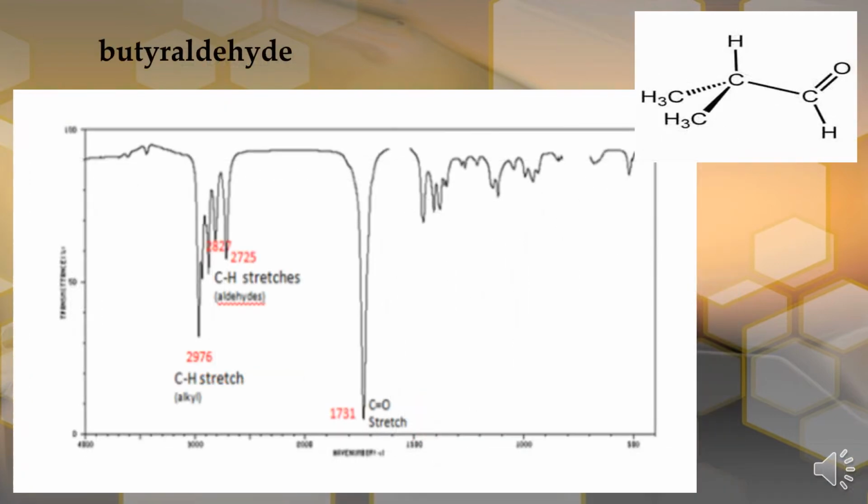One more example is going to be what we have here. That's going to be butyraldehyde. And of course, that's an aldehyde structure or a carbonyl compound here. So you have your carbon hydrogen stretches, multiple for the alkyl and the aldehyde of the carbon hydrogen bonds. And then you have your carbonyl or your carbon oxygen stretch, which is going to be reading right at 1731.